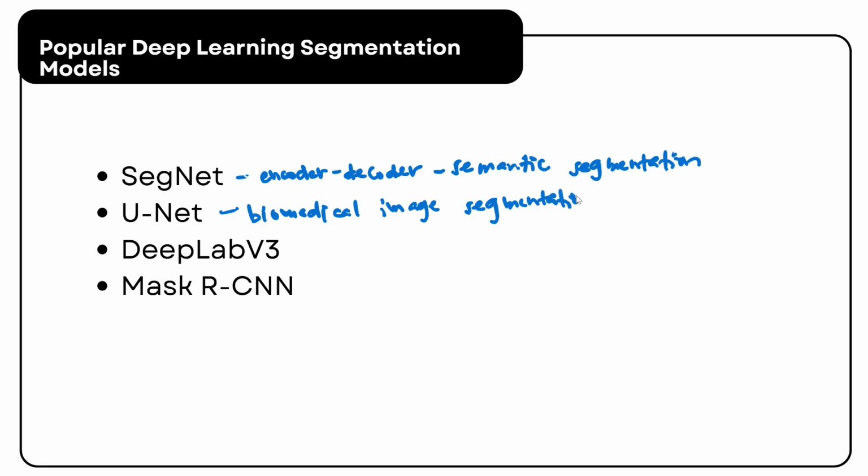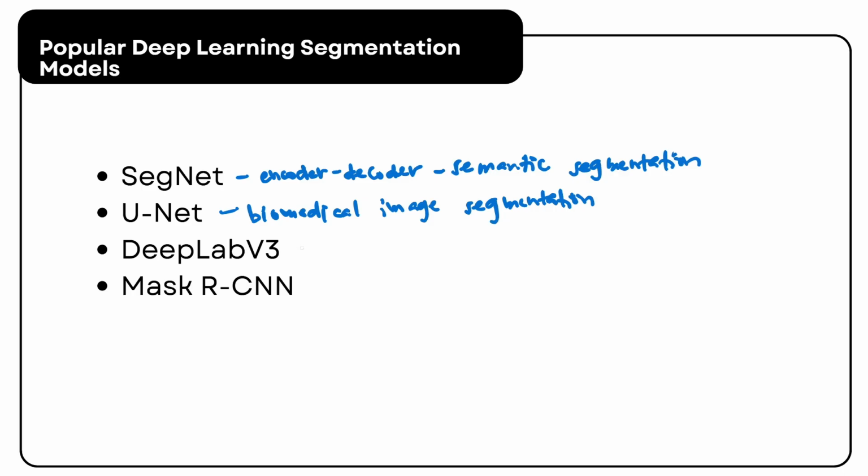So UNet has become a staple in segmentation tasks. It features an encoder-decoder structure, same as SegNet, with skip connections. But later on, we will discuss how UNet works in more detail.